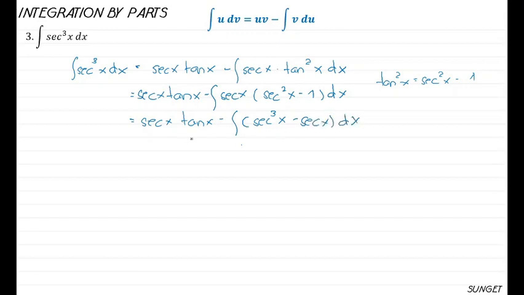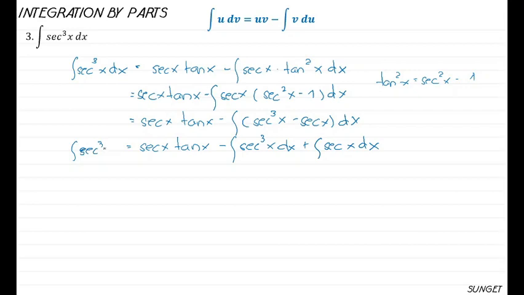And using sum rule, we have secant x times tangent x minus integral of secant cube x dx. Then negative times negative, so positive, so plus integral of secant x dx.